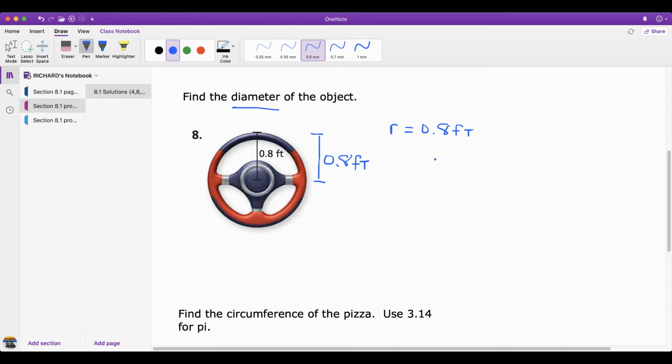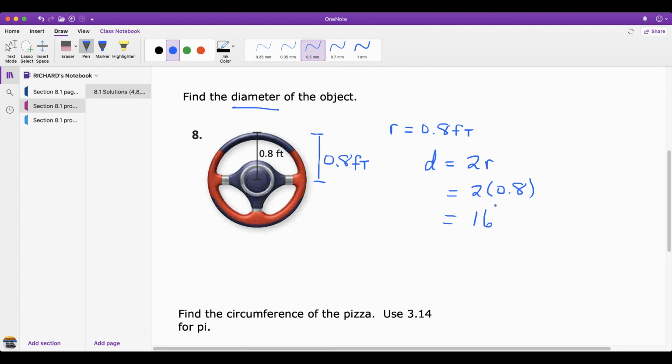And so what am I going to do? I am going to use the formula the diameter equals 2 times the radius. So I have 2 times 0.8, and I know 2 times 8 is 16, and I just have to figure out where to put the decimal point.